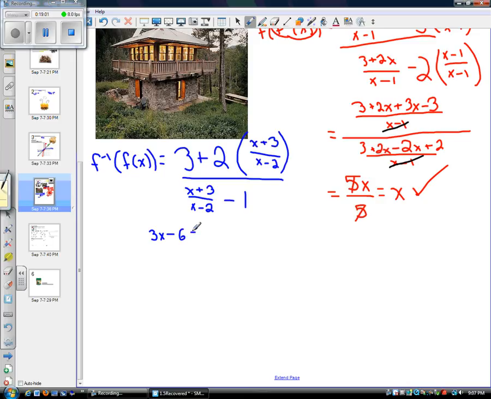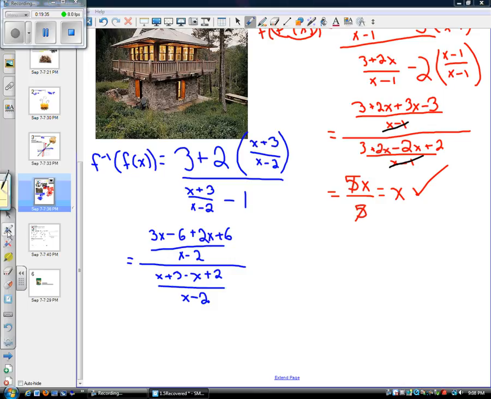Again, I have a common denominator, so I can just write it as one fraction: 2x plus 6, and the common denominator is x minus 2. This is all divided by x plus 3. And then I multiply negative 1 by x minus 2, so I have minus x plus 2, all over x minus 2.